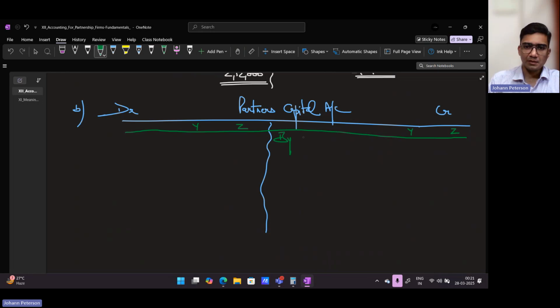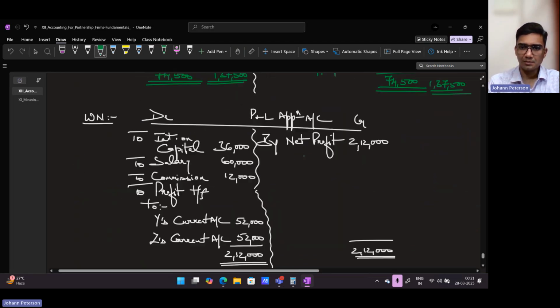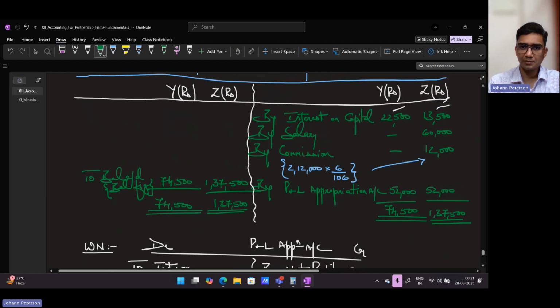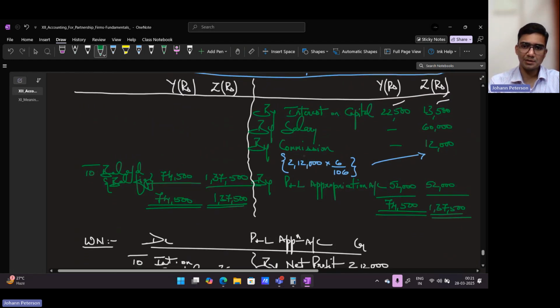Now, the first thing we will write is balance brought down, our opening balance. I suppose it was 250 and 150. Next, simply look up the previous account and you will have to write all these items: by interest on capital, by salary, by commission.